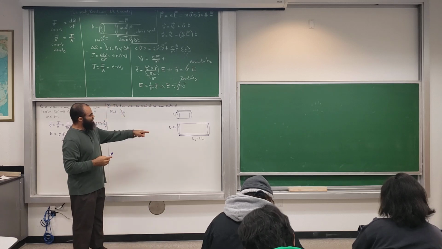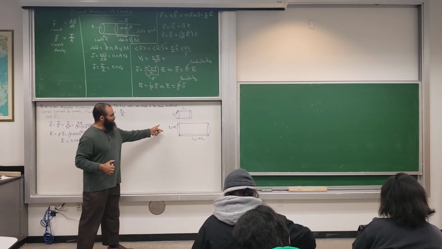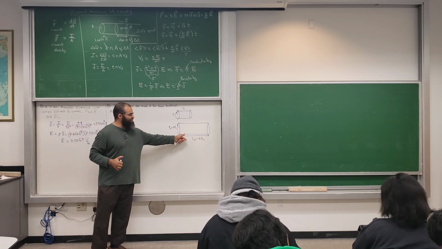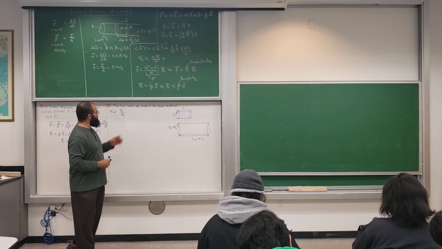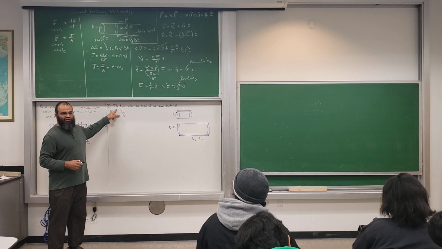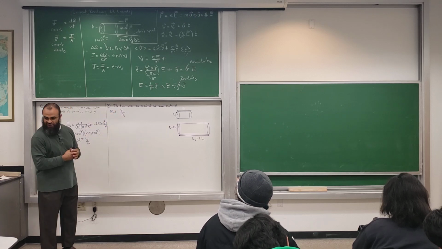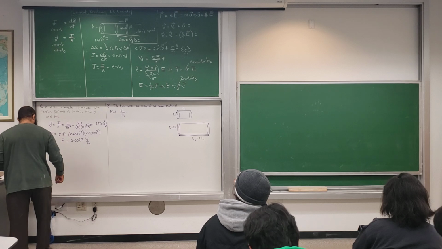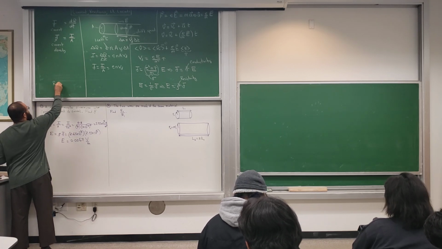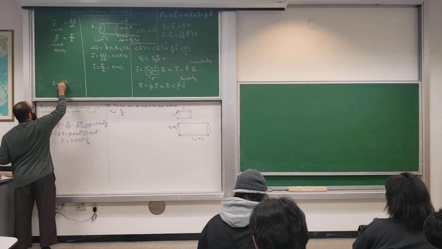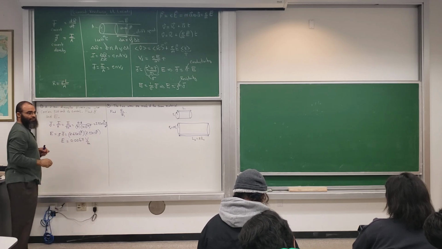So the bottom wire has twice the radius and twice the length. The question is, what's the ratio of their resistances, R2 over R1? Let me write it here. Remember, resistance was resistivity times the length divided by the area.